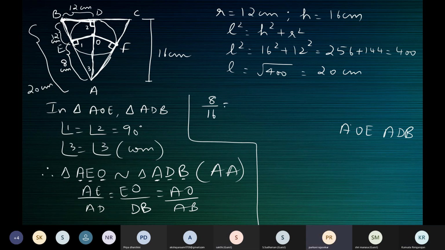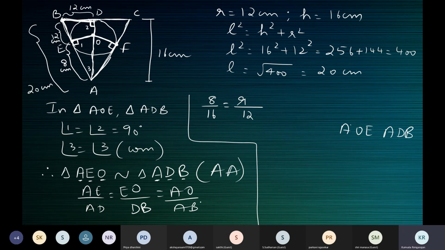EO? R, ma'am. Very good. EO is R, the radius of the sphere. DB? 12 centimeters. Yeah, this itself is enough to find R.